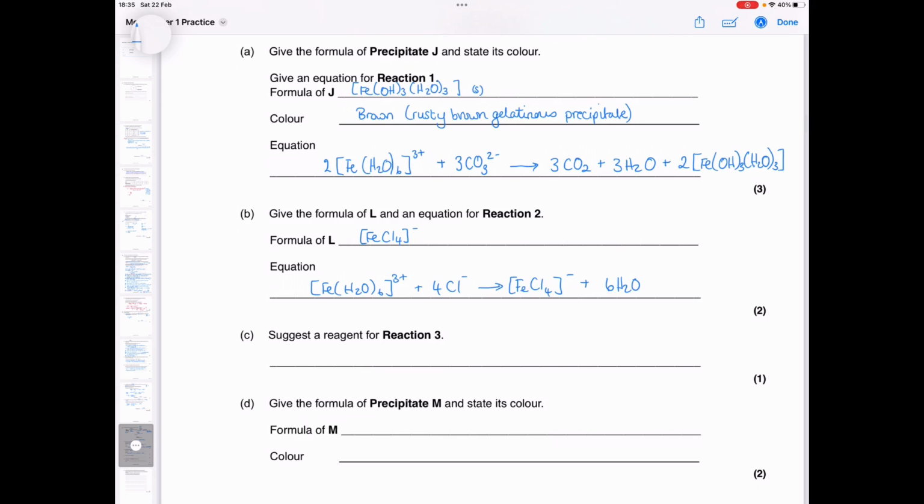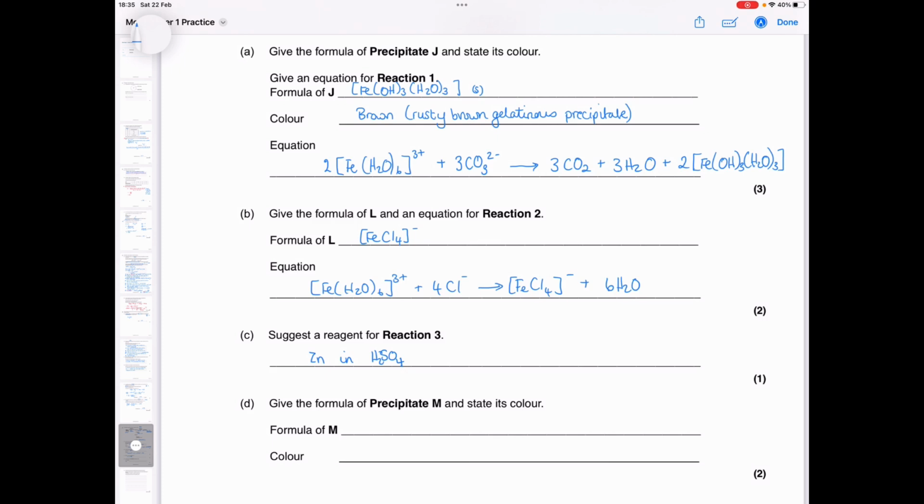Suggest a reagent for reaction 3. So a sensible reagent for reaction 3 would be acidified zinc. So zinc in sulfuric acid. That's our reducing agent of choice when it comes to transition metals.